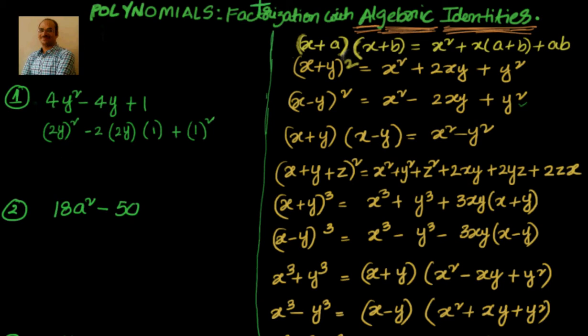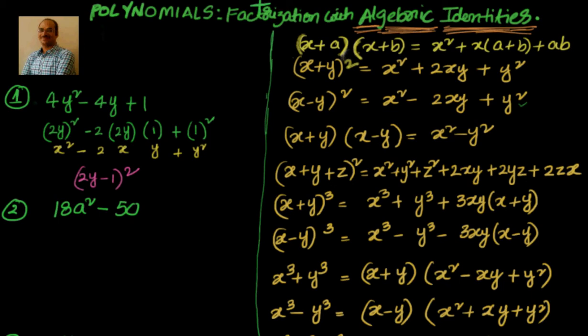Now this is in the form of x square minus 2xy plus y square. So you can directly write it as 2y minus 1 whole square.